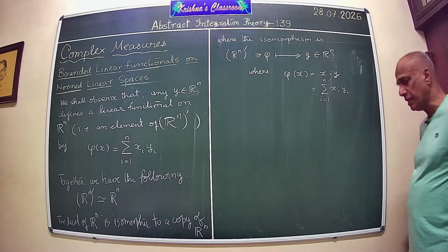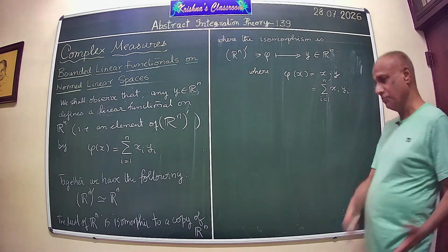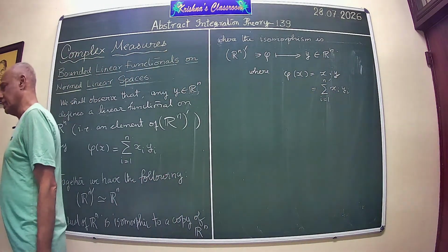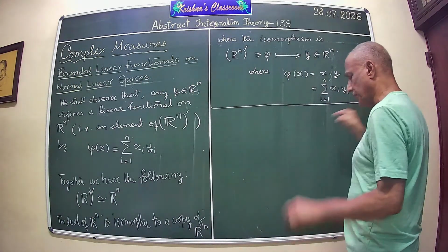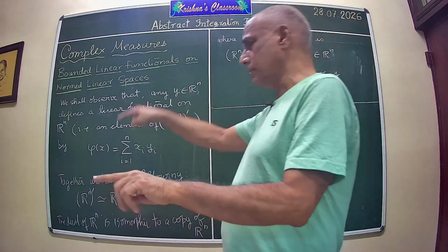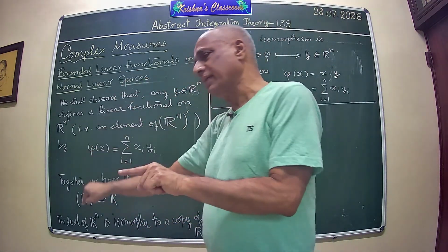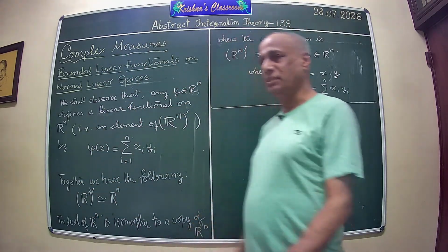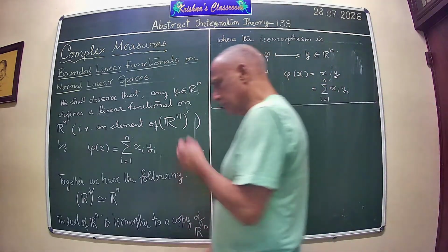In fact, Rn becomes a copy of the dual space through an isomorphism. And the isomorphism is defined. So, every linear function on Rn is now identified with a vector in Rn, and every vector in Rn generates an isomorphism. Now, this is what happens in the finite dimensional spaces.